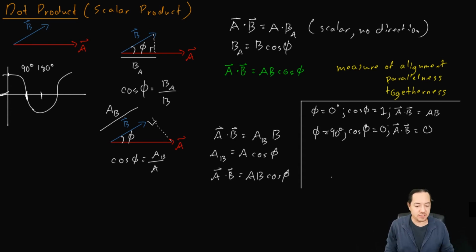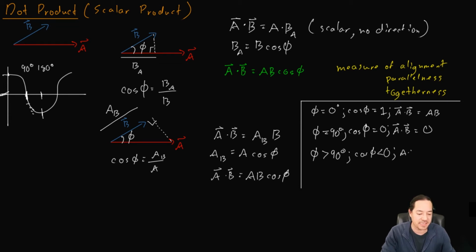And finally, what happens when phi becomes larger than 90 degrees? As we move past 90 degrees, let's say between 90 and 180, we see that the values become negative. In this case, cosine of phi is going to be less than 0, and A dot B is going to be negative.